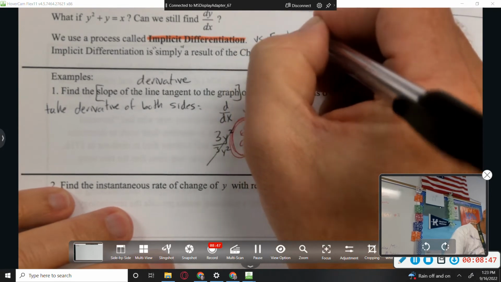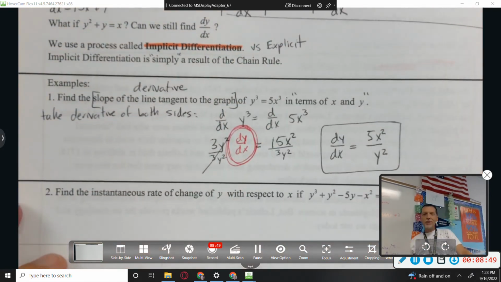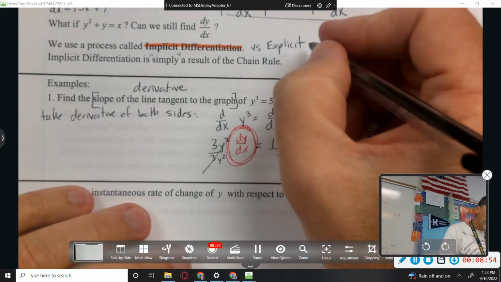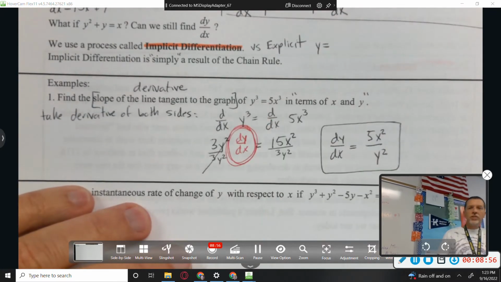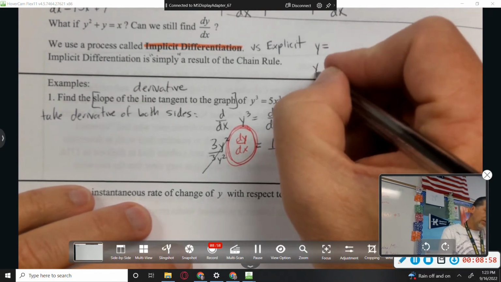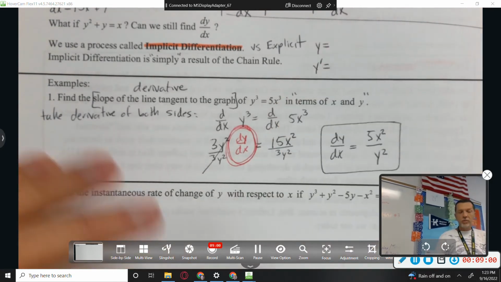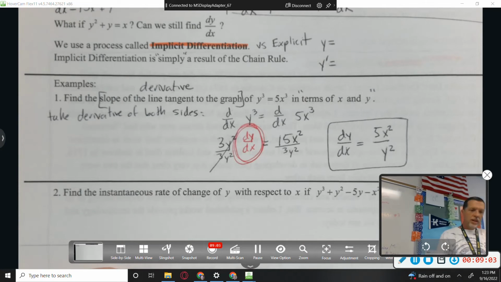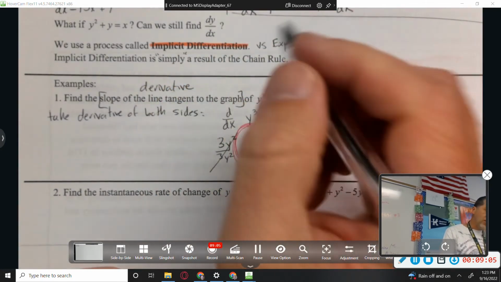Like, let's back up a second. Implicit versus explicit is about whether the equation is solved for y or not. Explicit is you have y equals, and so the left side of your problem is just y. Implicit is you don't have it solved for y.